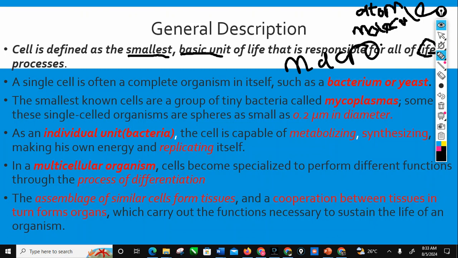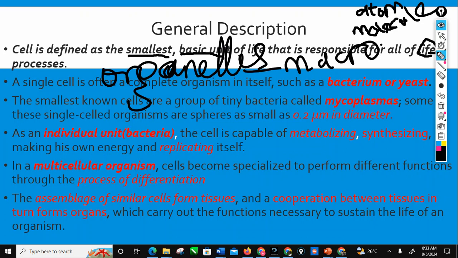These macromolecules in biology are termed organelles. That's why organelles are basically made up of molecules, of compounds. Is that okay? Different compounds coming together in different ways to make up a particular entity. So that is the macromolecule level, which in this case is organelles.